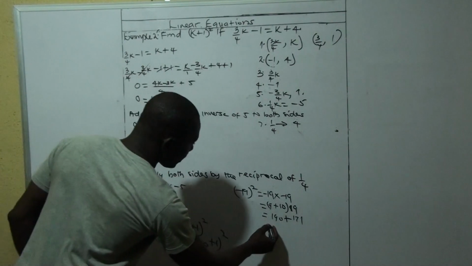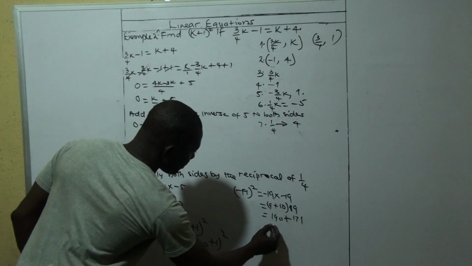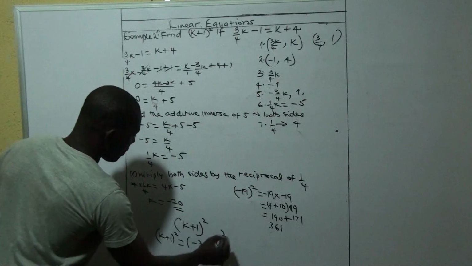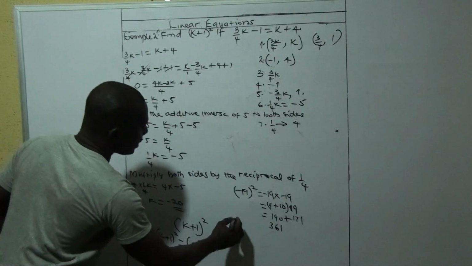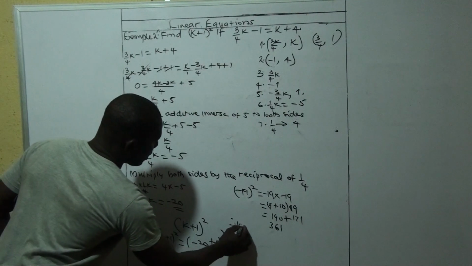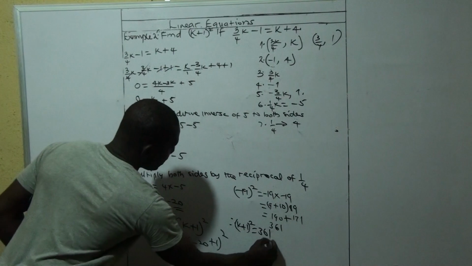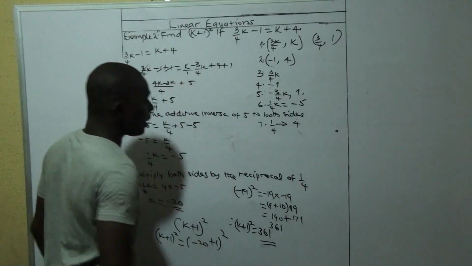If we add this together, it will give us 361. So we can say therefore that k plus 1 all squared is equal to 361. That's our final answer.